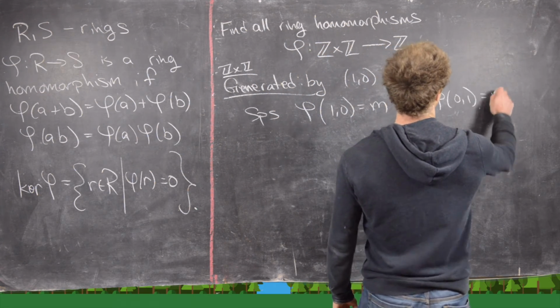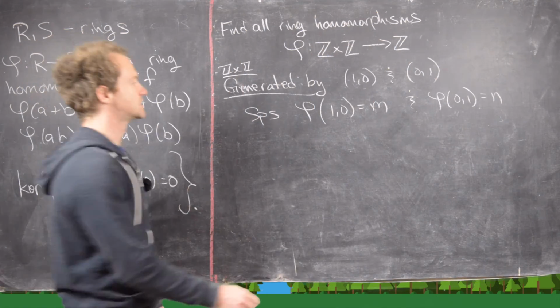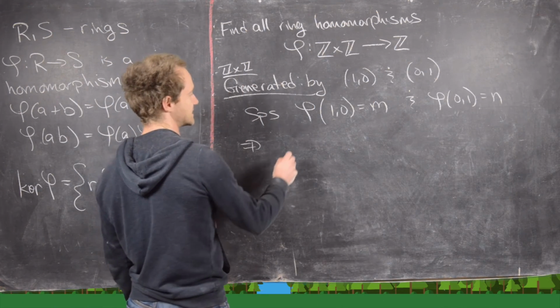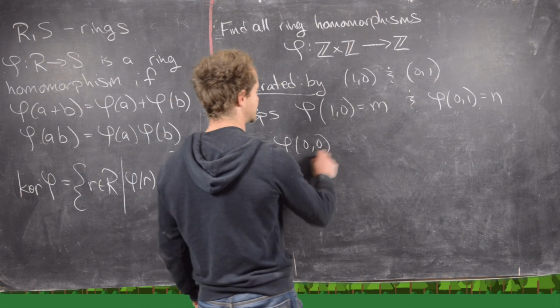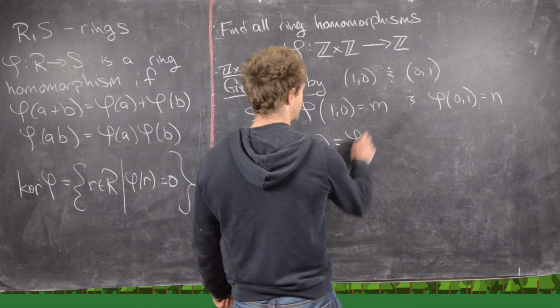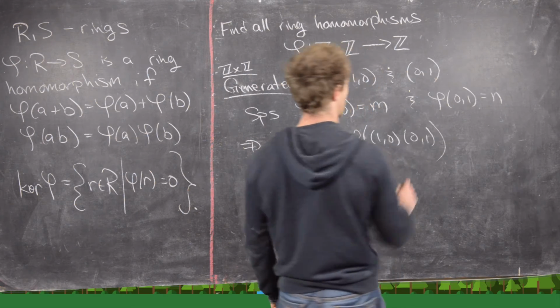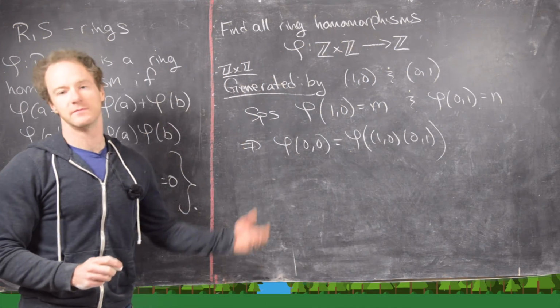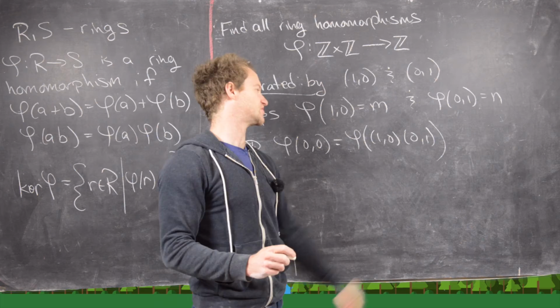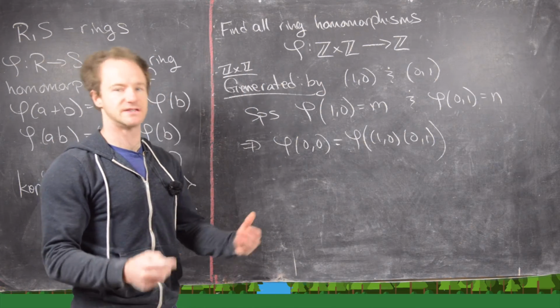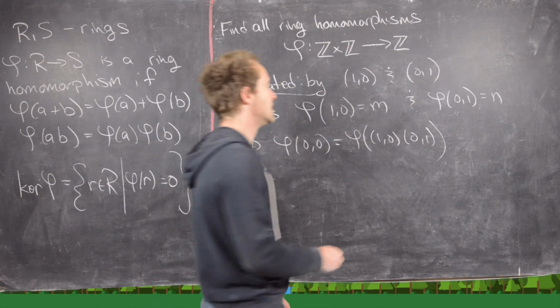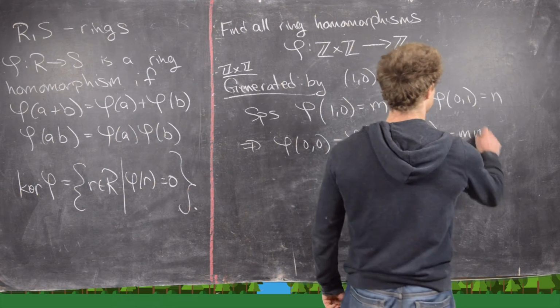So notice that tells us that phi of (0, 0) equals phi of (1, 0) times (0, 1). That's easy to see because the multiplication happens component-wise, and 0 times 1 is equal to 0. But that's going to be equal to m times n.